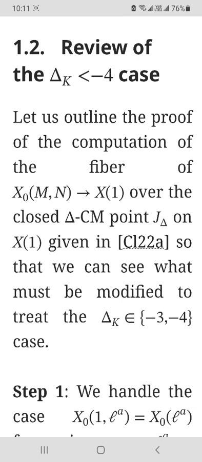Let us outline the proof of the computation of the fiber from X_0(m,n) to X_1 over the closed Delta-CM point j(Delta) on X_1, given in another paper, so that we can see what must be modified to treat the Delta_K belongs to {-3, -4} case.